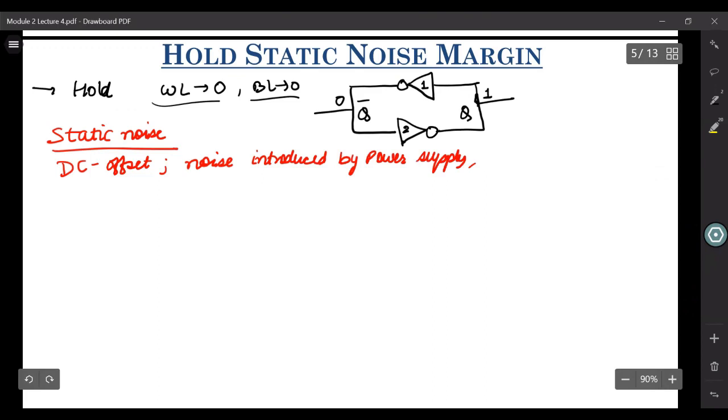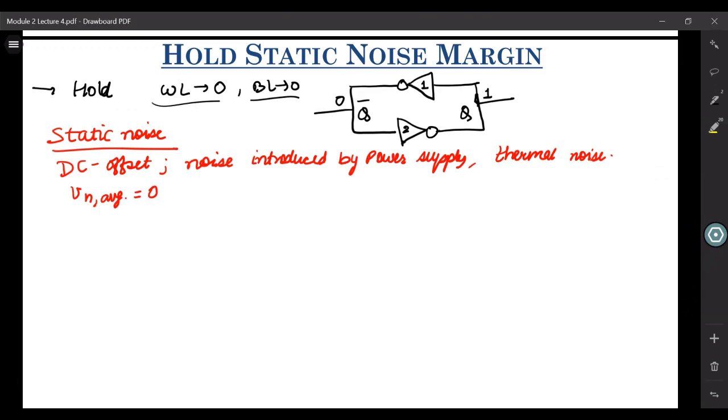Or it can be because of thermal noise. If you just talk about thermal noise, the average value of this thermal noise, if we represent it as Vn, the average value of any noise will go to 0, because the variation is equally on both sides, and the polarity is equal on both sides. If you take a long-term average, its average value goes to 0.